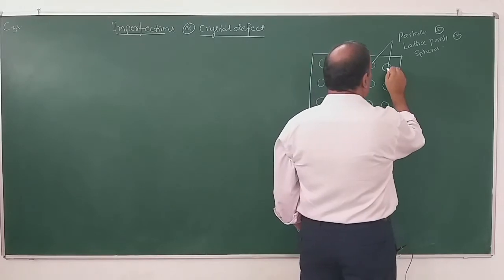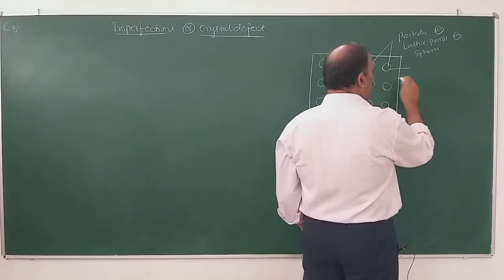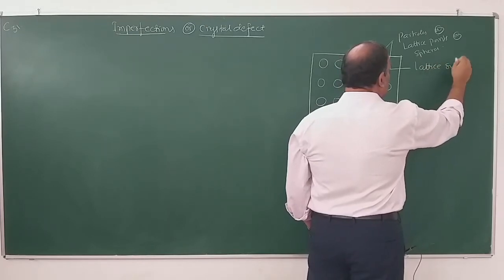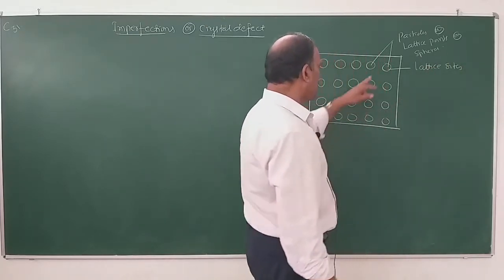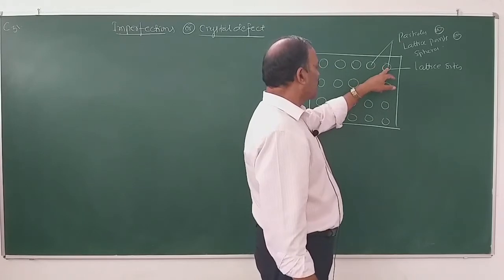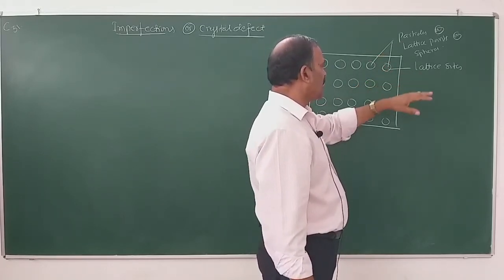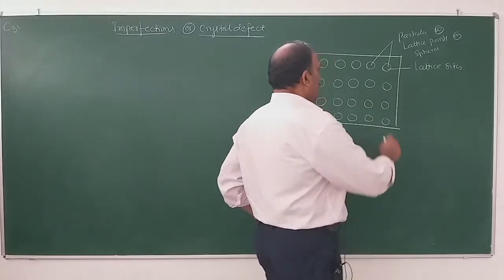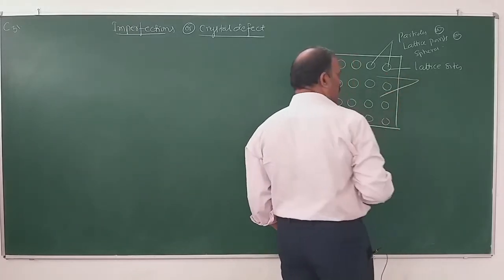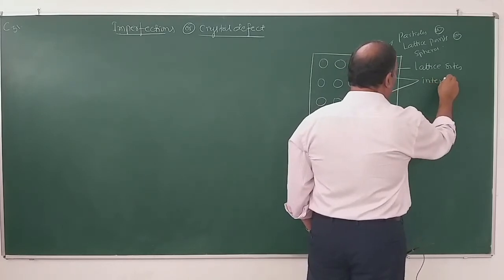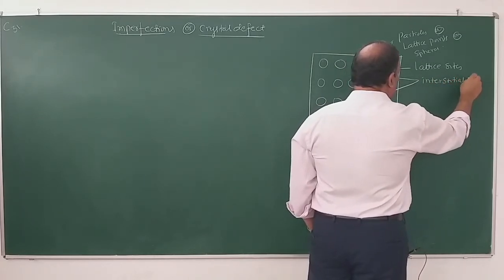Now the space occupied by the particle is called lattice sites. The space occupied by the particles, the places of the particles, are called lattice sites and other places are called interstitial sites.